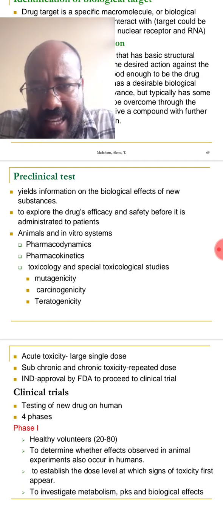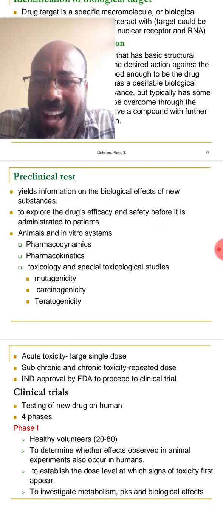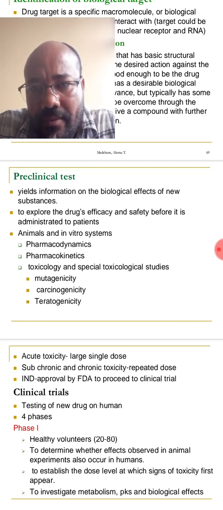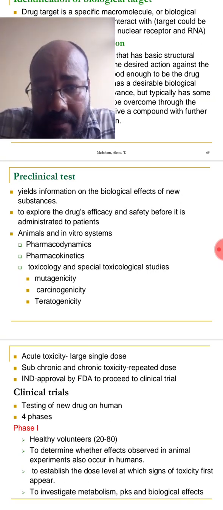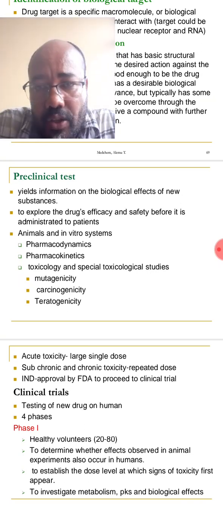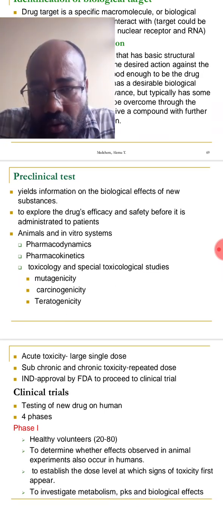Therefore, testing the activity, the potency. Also, to explore the drug's efficacy and safety, the new drug's efficacy and safety before using in humans. We can use this preclinical test in animals to check its efficacy and safety.